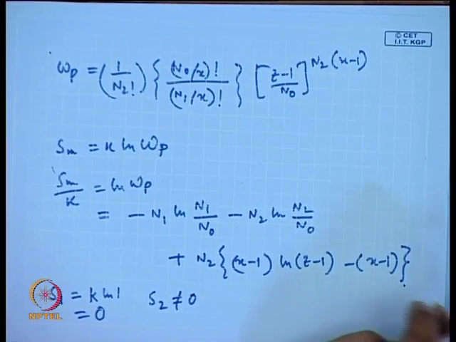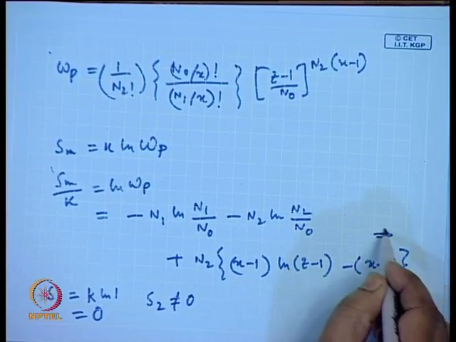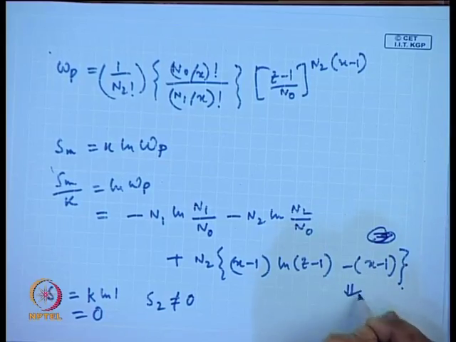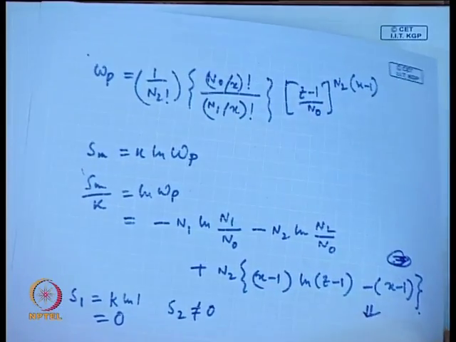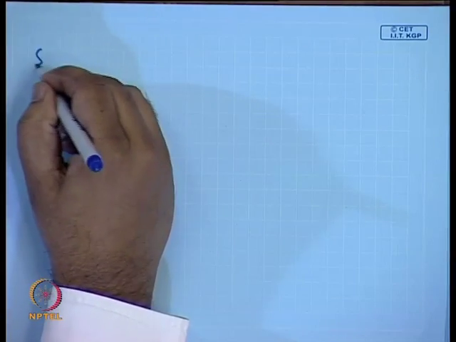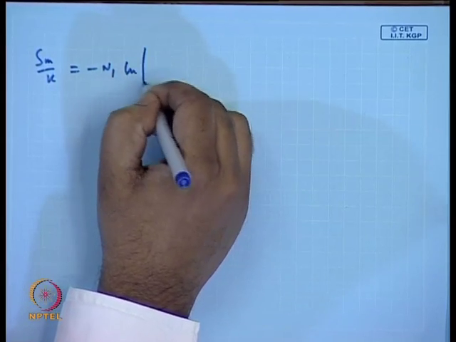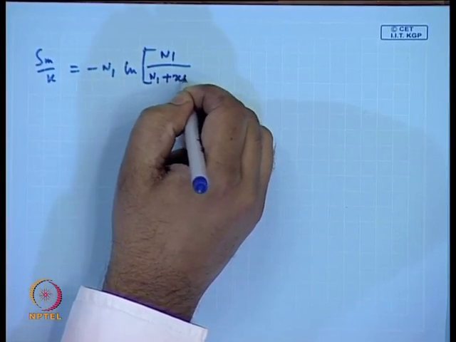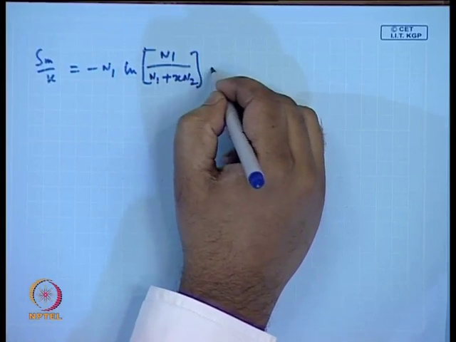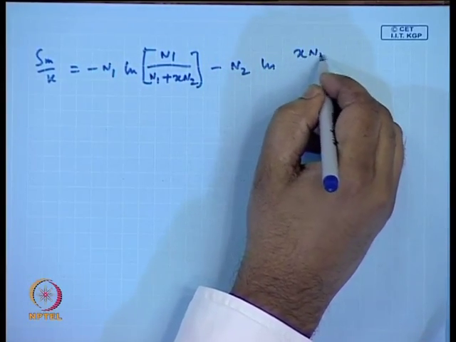I will continue and do one more mathematical step for simplification. S_m by k is minus N1. These are simple mathematical steps that I am not explaining, which you can do yourself.